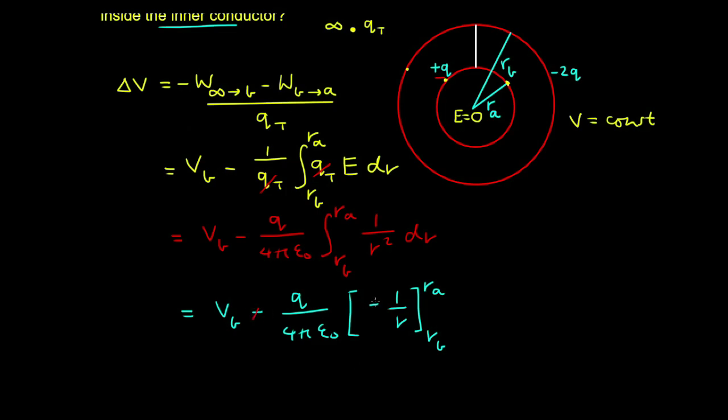So therefore the minus sign cancels, and we know that this spherical shell, by Gauss's law, acts like a point charge concentrated at the center. So therefore the electric potential at B is 1 over 4 pi epsilon naught, and that's multiplied by the net charge, which is Q minus 2Q, on Rb.